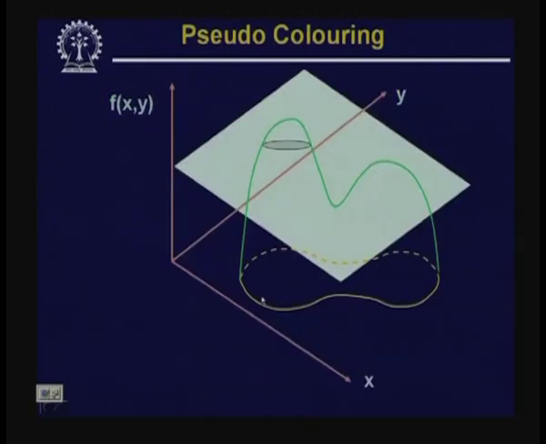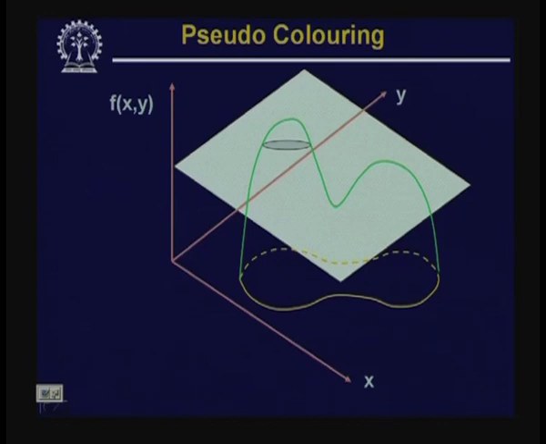Given an intensity image, say f(x, y), which is a function of x and y, with different intensity values at different locations of x and y, if we consider them to be a 3-dimensional surface, then we can place planes which are parallel to the image plane, that is, parallel to the x y plane.